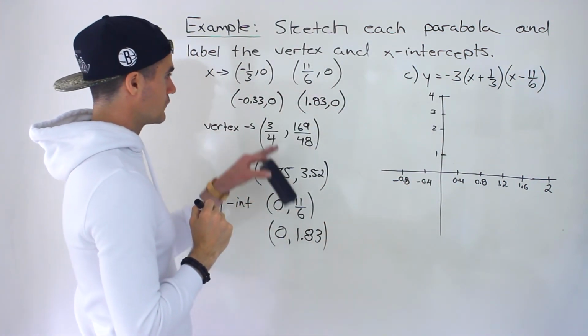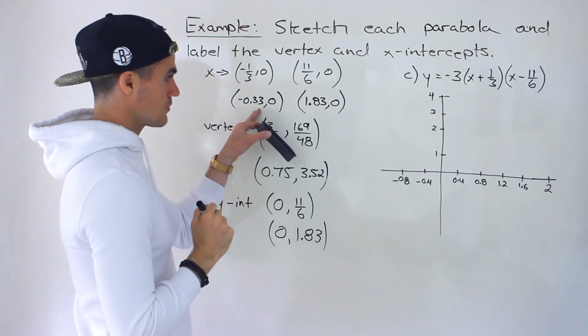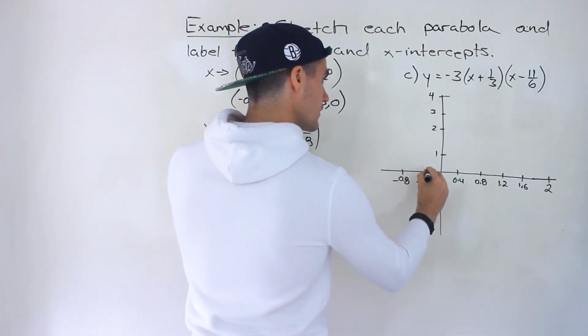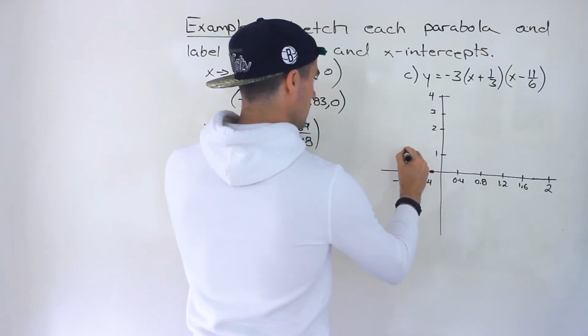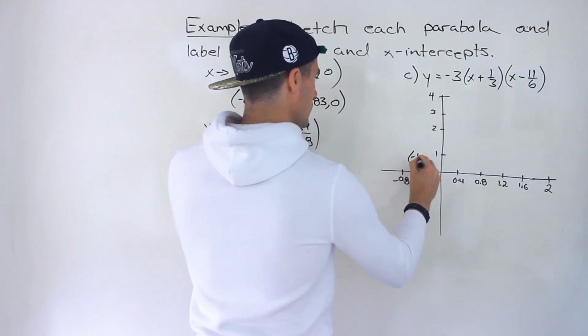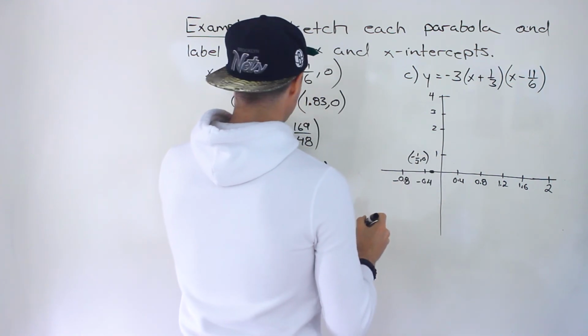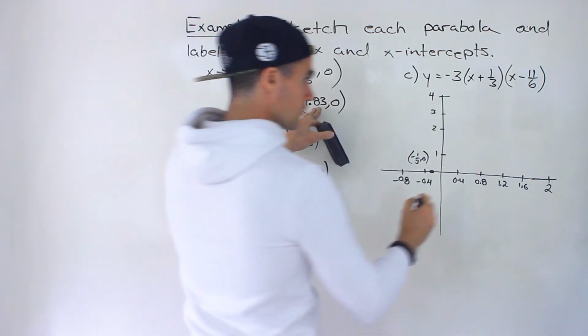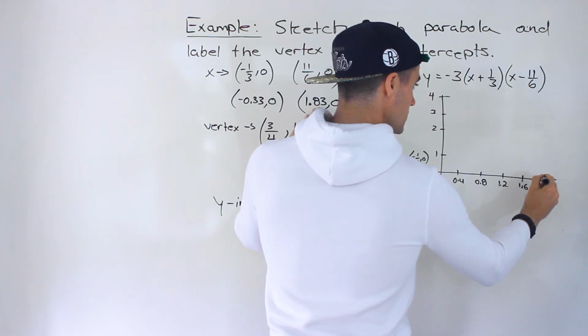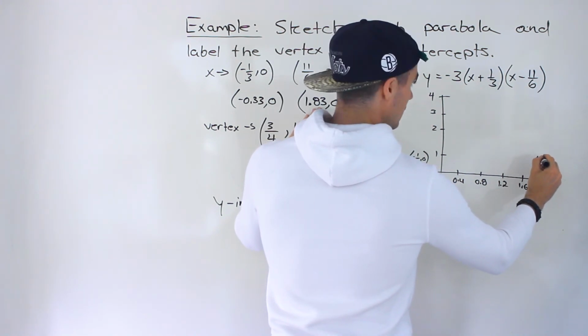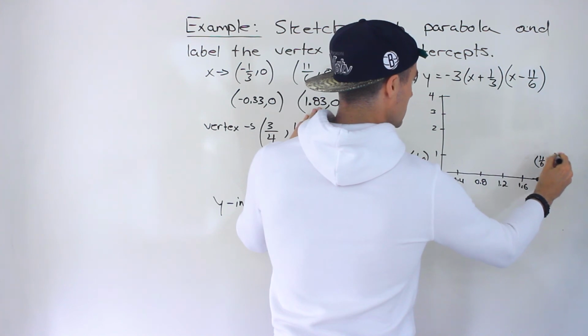So let's plot all of these. So negative 0.33 and 0, that's going to be like over here. So that's going to be negative 1 over 3 and 0. And then we'll have 1.83, which would be like right here approximately. So that's going to be 11 over 6 and 0.